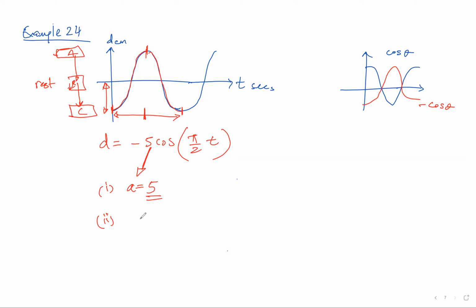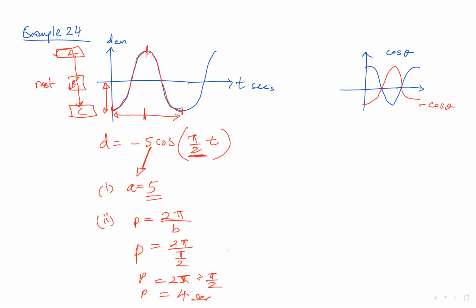So what is the period? The period is 2 pi over b. What is b, guys? 2 pi divided by pi over 2, correct or not? So that's 2 pi divided by pi over 2. So you should get 4. What does this mean?